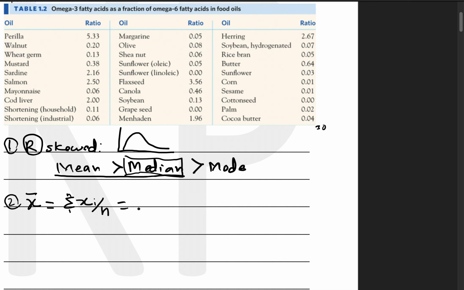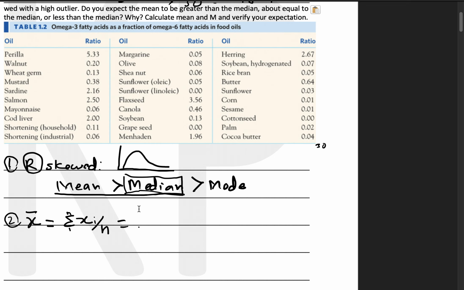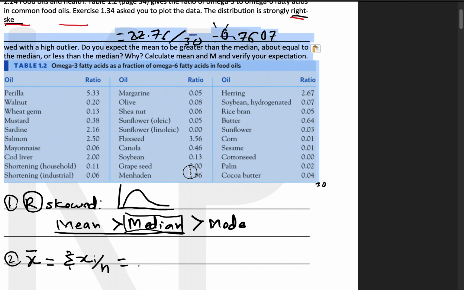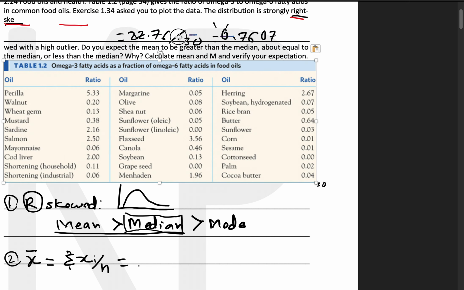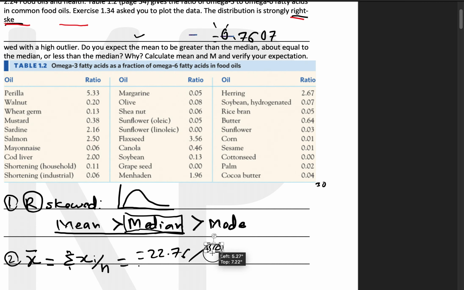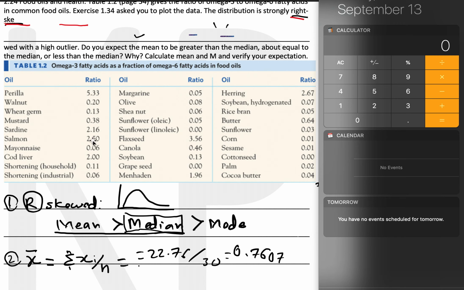So for the convenience purpose, I've already solved it, and it's going to be something like this. So basically add these numbers.